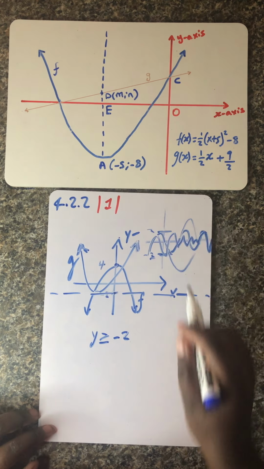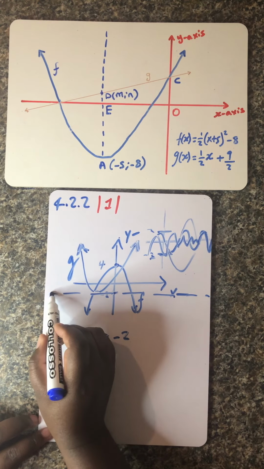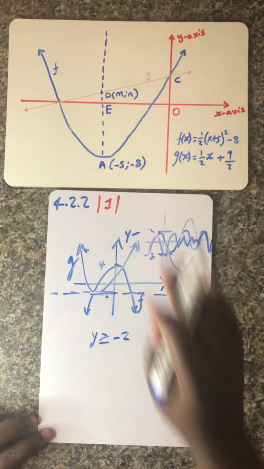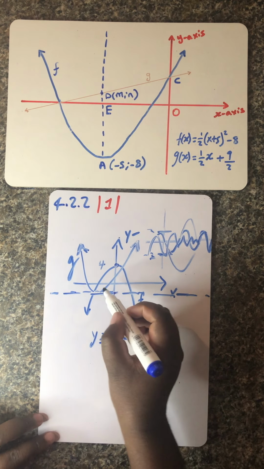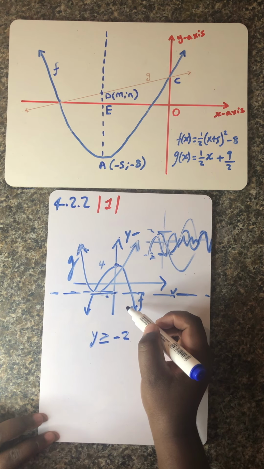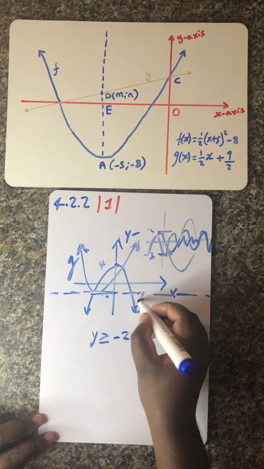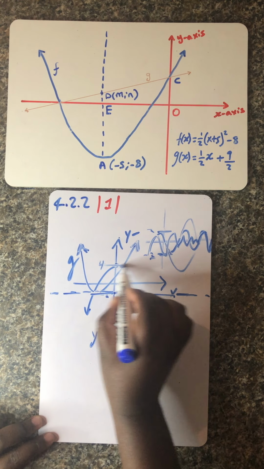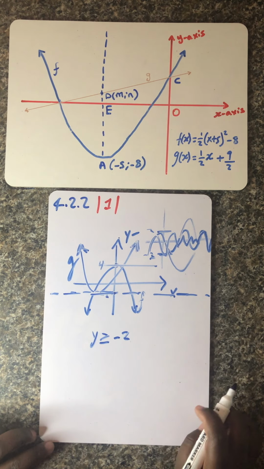Can you see that one is just a U? So that means the range of this graph ranges from there going up to infinity. Okay, so what is the range of the graph of f? Where is the graph of f? This is the graph of f. Can you see it starts from there going down to infinity?